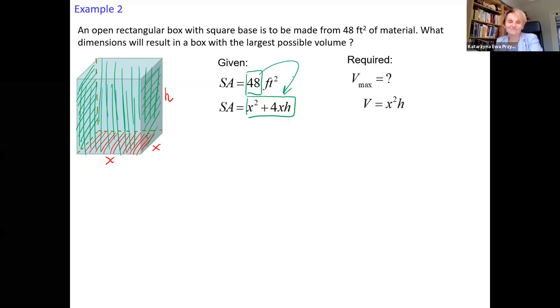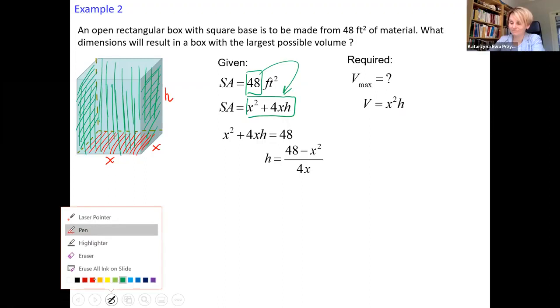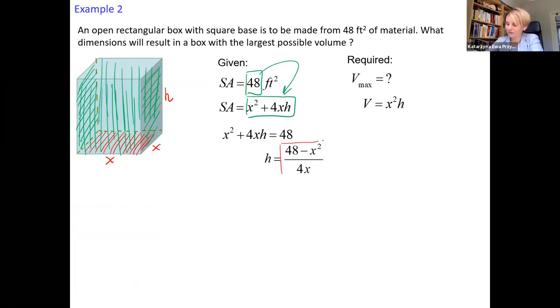And of course, we need one variable. We will set up this equation and solve for h. H simply equals this, and we will substitute for h: 48 minus x squared over 4x.